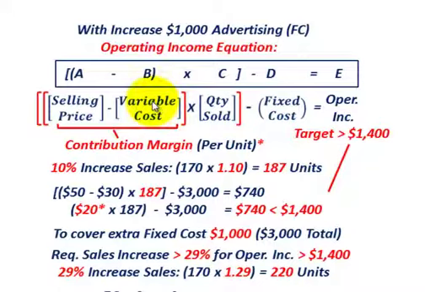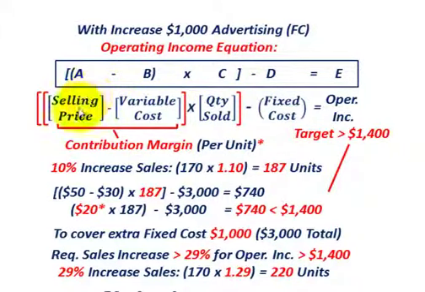If one of these numbers, dollars or quantities, is unknown, you can put it into your formula knowing the other variable amounts, and you can determine the unknown.